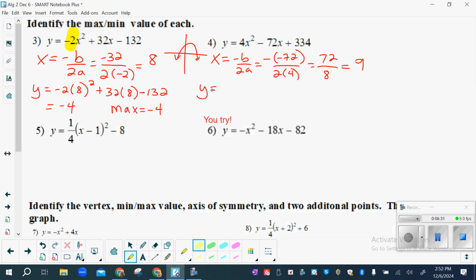So now what do we do next? Somebody in this group back here, what do we do next to find our y value of our vertex? That's right, we put it in our equation.